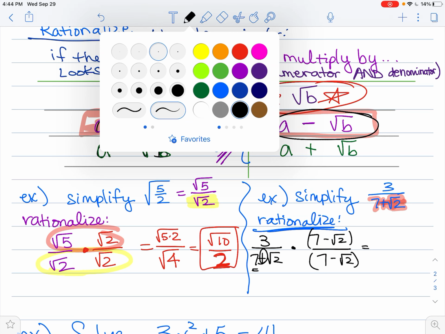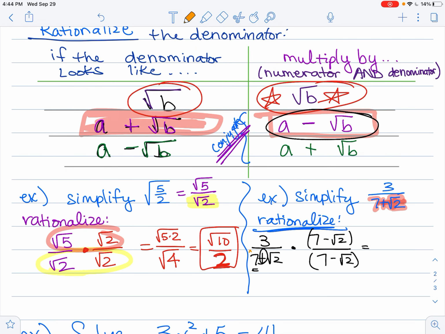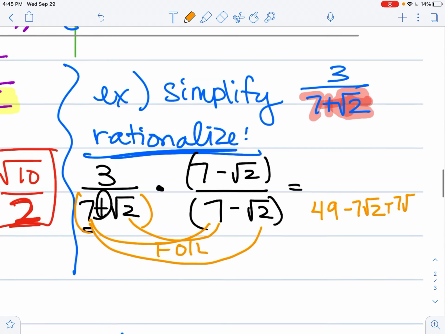And now we're going to expand this so that we can simplify. So we're going to essentially FOIL this on the bottom. 7 times 7 is 49. 7 times negative root of 2 is minus 7 root 2. Root 2 times 7 is a positive 7 root 2.